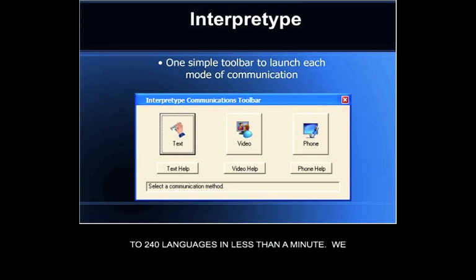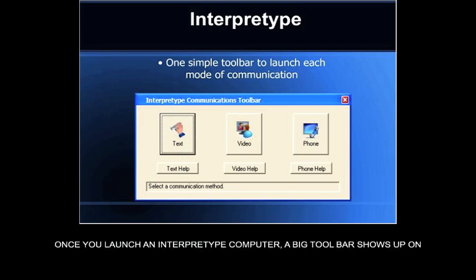Okay. Once you launch an Interpretype computer, there's one big toolbar that shows up in the middle of the screen. It's pretty simple. We offer 3 modes of communication, and you can see by the look of these buttons. One is text, one's video, and one is phone.